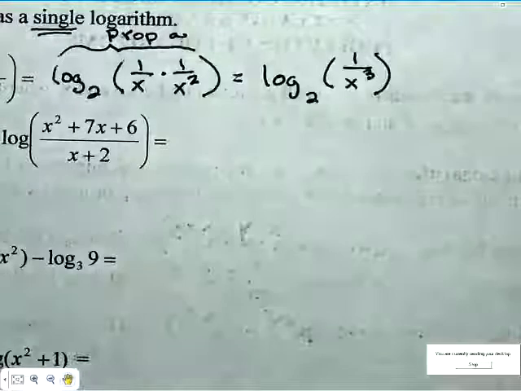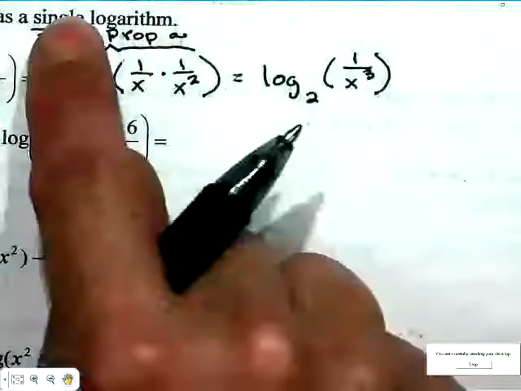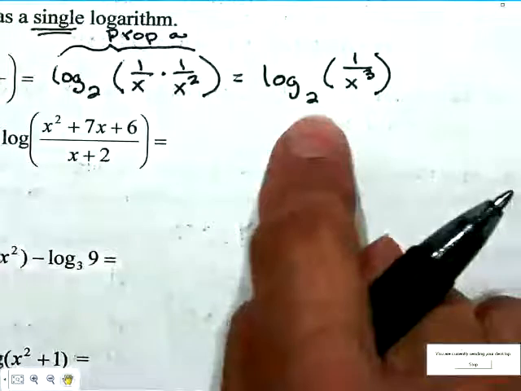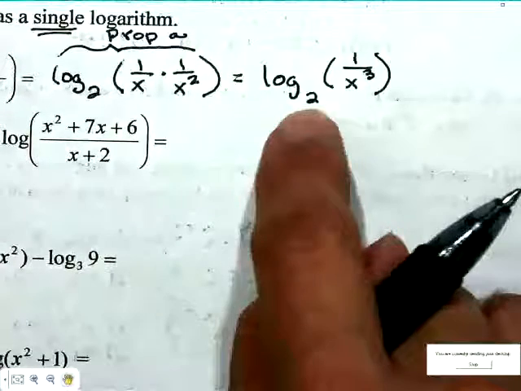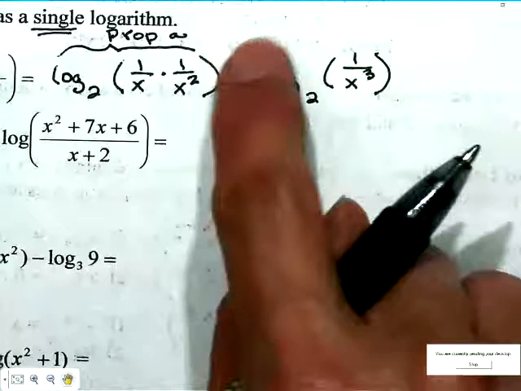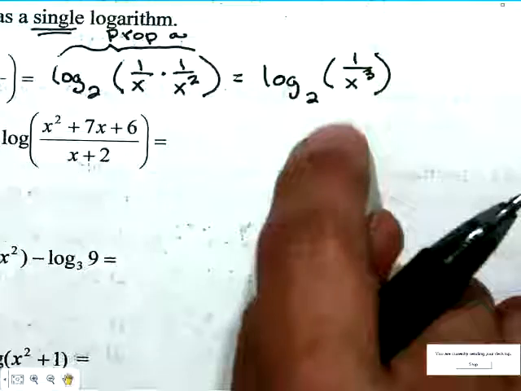On the test, this would be absolutely fine with me. If I said write as a single logarithm, you've done that. That's a single logarithm. But just in case my math lab wants you to take another step, this didn't say express powers of factors, but something is making me think that my math lab may want you to do this.